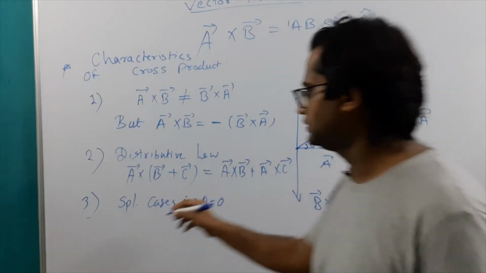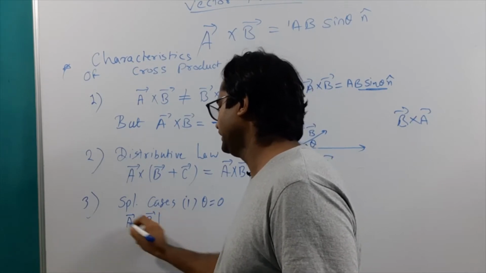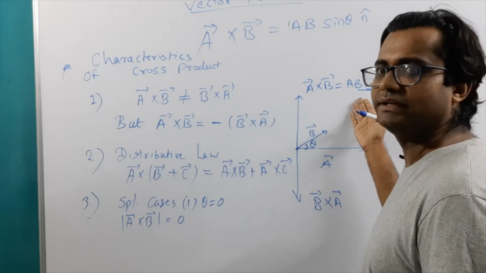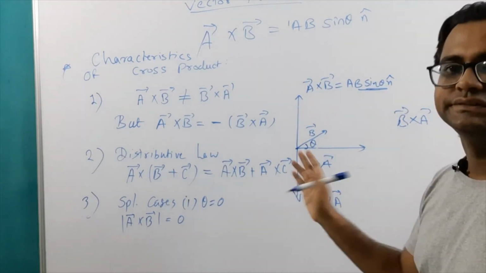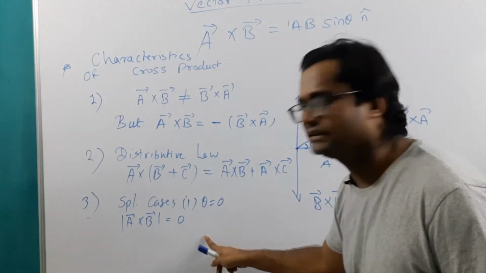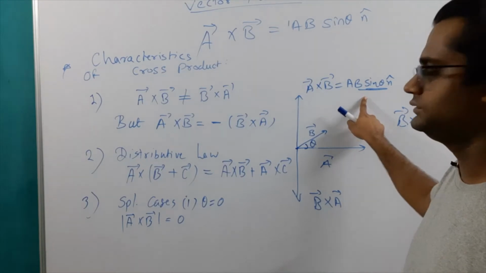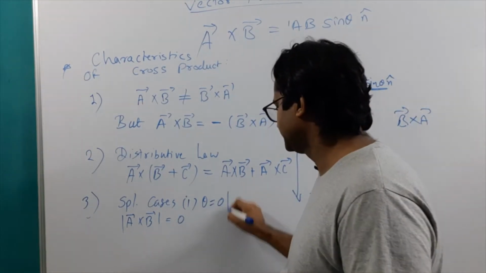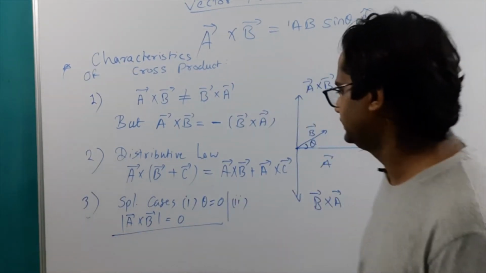So our cross product a bar cross b bar will have magnitude equal to 0, and since the magnitude is 0, we can say that the cross product of these vectors is a null vector. So we get a null vector as the answer in the first case where theta is 0, because sine 0 is 0. This is case number 1. Now let us take case number 2.